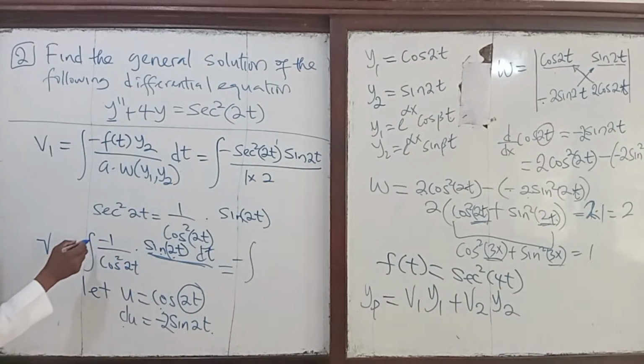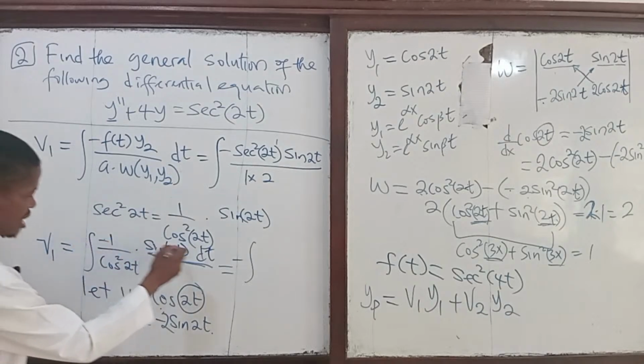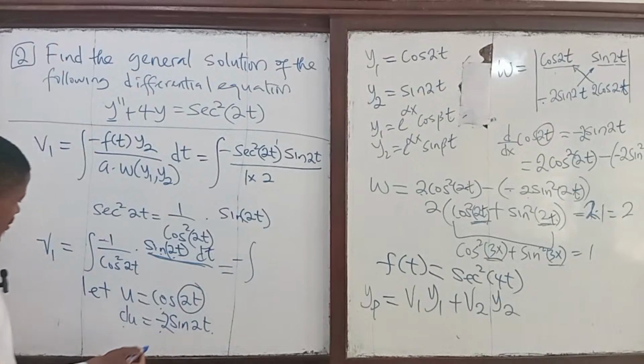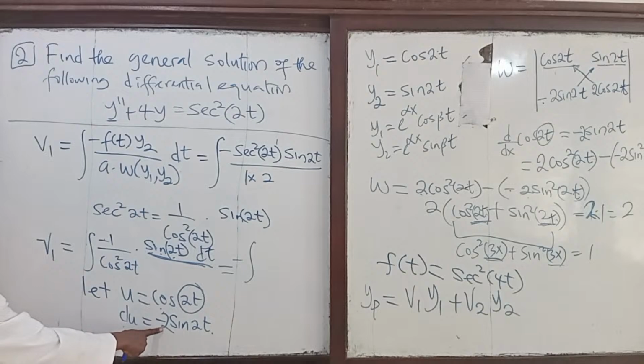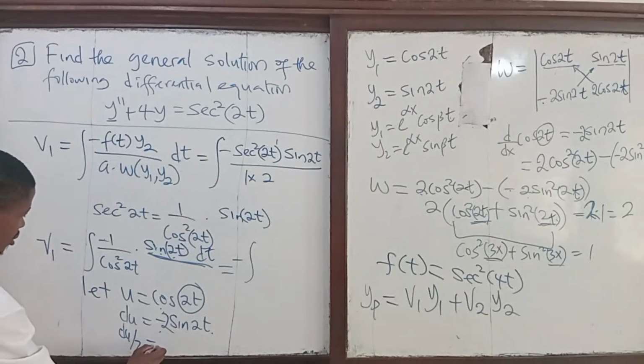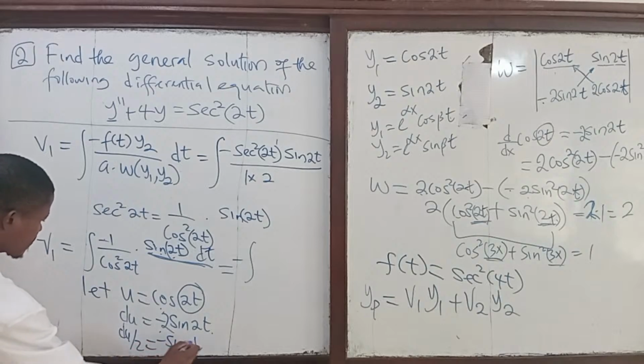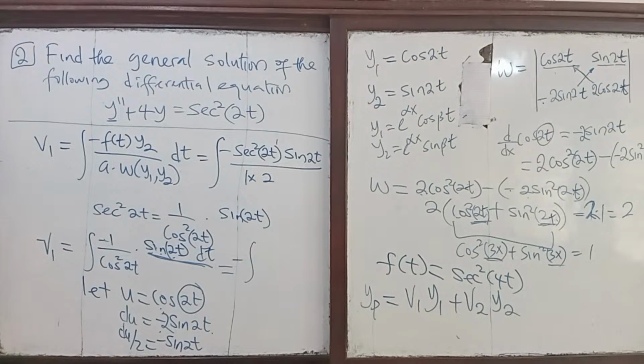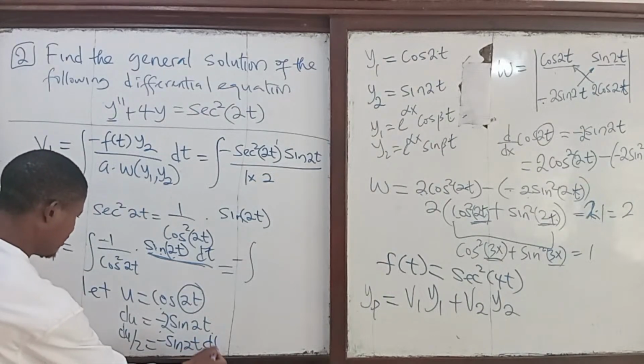If it comes in, we're going to have this one times this one. The only thing we need to do is to remove this 2 from here, and that will be du over 2 is equal to minus sine 2t dt.